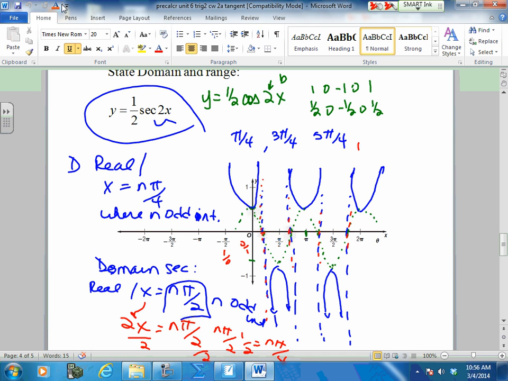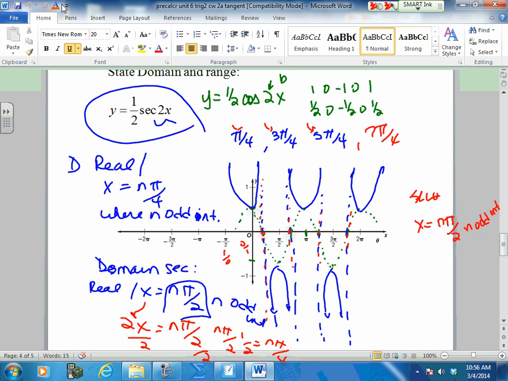I noticed on all my odd ones, when this is odd, that I can't use that, right? So that's how I start. I say n pi over 4 when n is odd. That's all I have to say. Now, if we walk back and figure out, your secant, any secant function, was x is equal to n pi over 2, where n is odd, right?